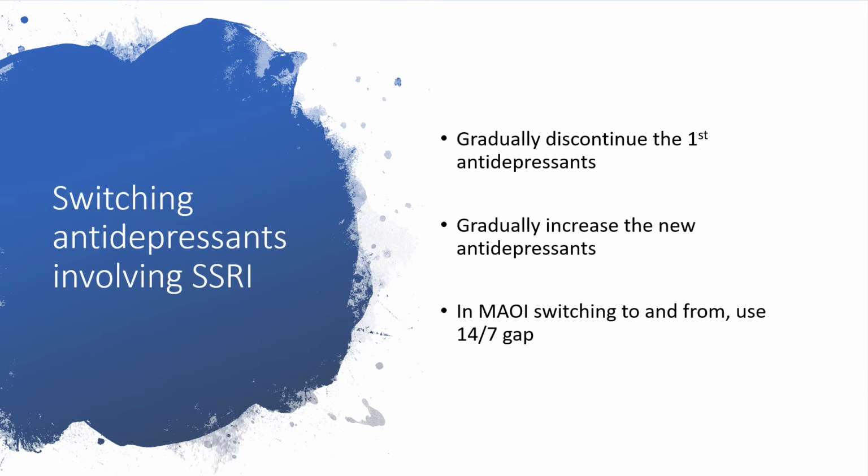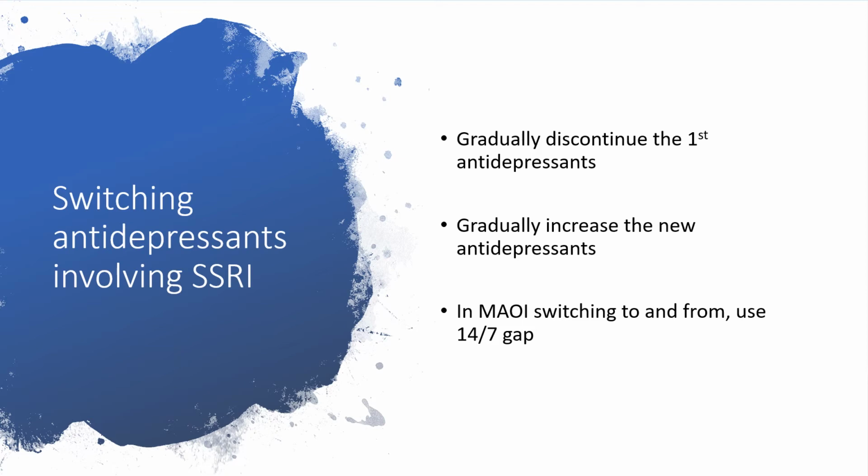When we are trying to switch from one antidepressant to the other and an SSRI is involved, then we have to gradually discontinue the first antidepressant, then gradually increase the new one. But if this is involving monoamine oxidase inhibitors and SSRI, then something different will occur here.